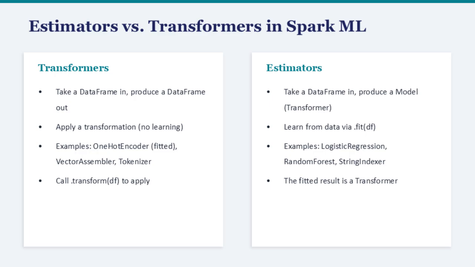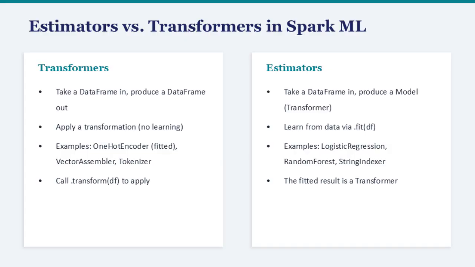So what is the key insight? The string indexer is an estimator because it needs to learn the mappings of strings to indices. But the fitted string indexer model is a transformer because it actually applies that known mapping to the new data.